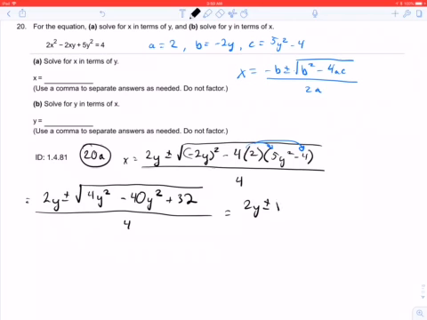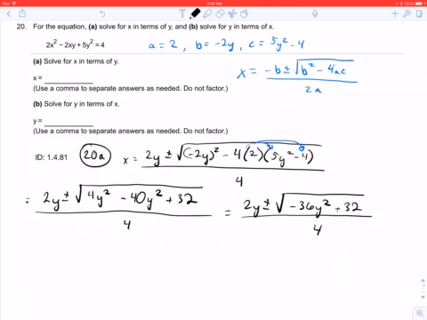2y plus or minus the square root. That's going to be what? Negative 36. Negative 36y squared plus 32. Over 4. Now we can rewrite this as 32 minus 36. Let's see. 9 and 4.